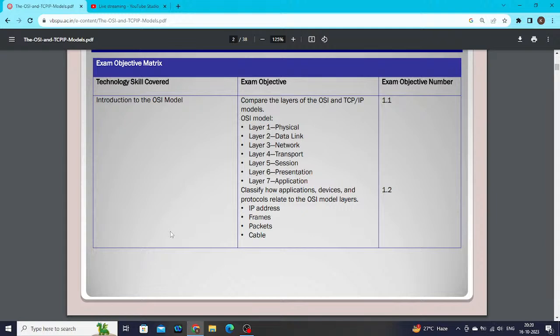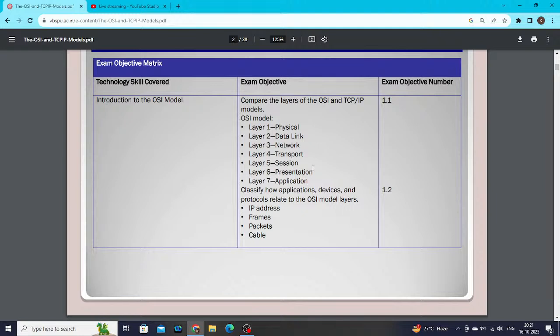There are layers from layer 1, layer 2, up to layer 7, that is, from the physical layer to the application layer. First is the physical layer, then the data link layer, then network, then transport, then session, then presentation and application.